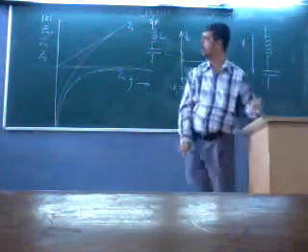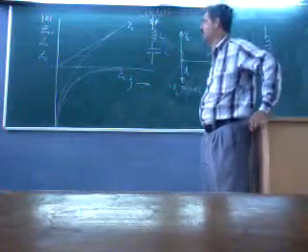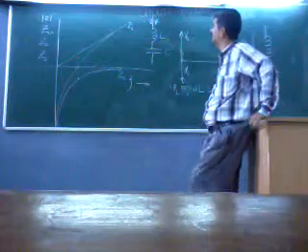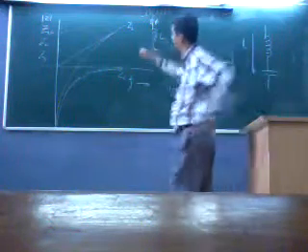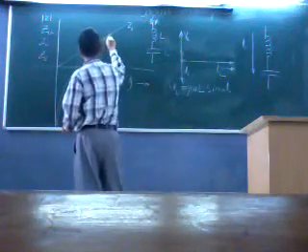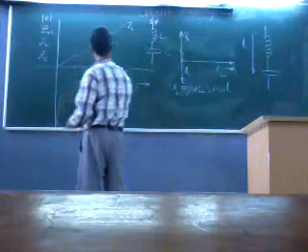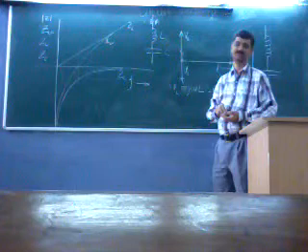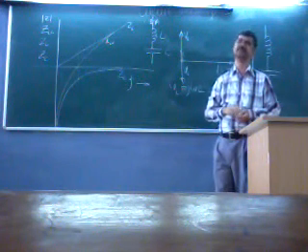Now when we talk about mod Z, and this yellow is ZLC, it is the square root of R square plus ZLC square.